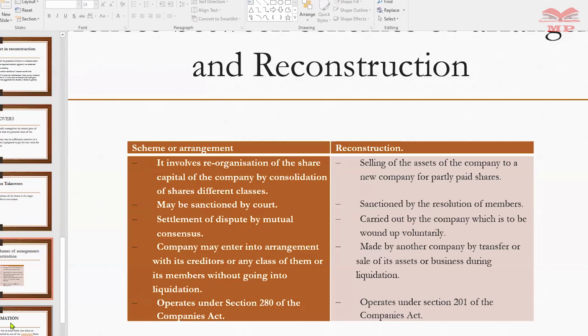In a scheme, we have the settlement of the dispute by mutual consensus, but a reconstruction will be carried out by the company that is to be wound up voluntarily.